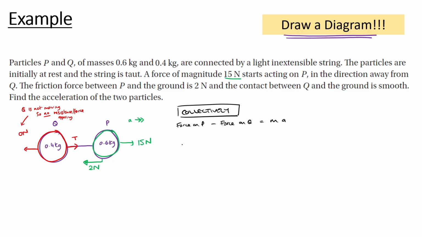Now the force on P is going to be 15, and it's all the forces acting towards the right, so that's going to be 15 plus T, minus the force acting in the opposite direction, so that's 2 plus T, and that equals the total mass, which is 1, multiplied by the acceleration, which is what I'm trying to find.